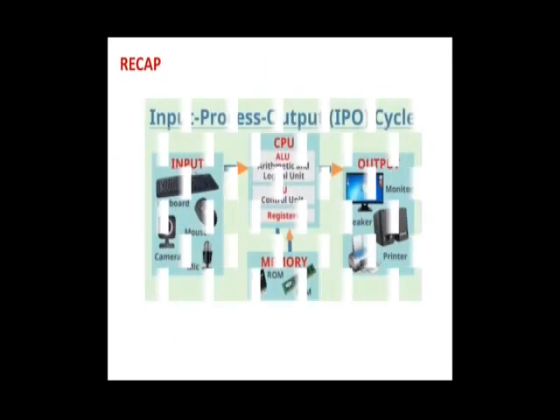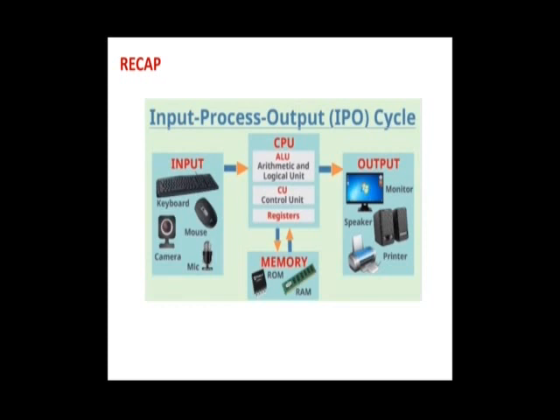Now just a small recap of what all we have done. So all we have covered is the IPO cycle, input, processing and output. We have discussed all the input devices, how they work, yes, and then CPU, what all parts are there in the CPU, and how CPU works with the input and output devices, and finally the output devices where we get the output.